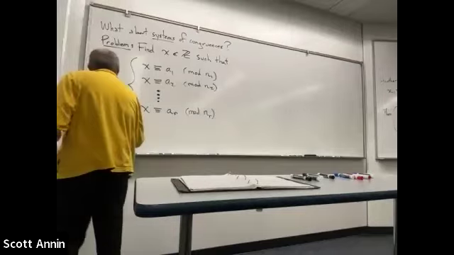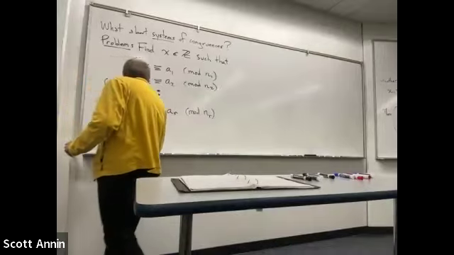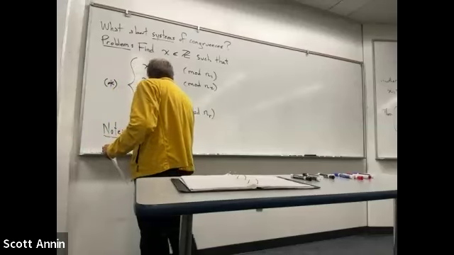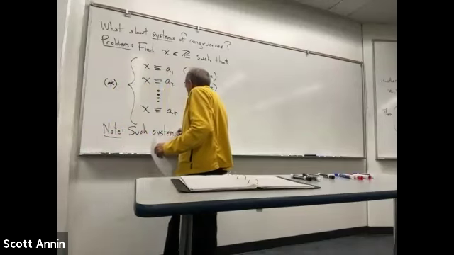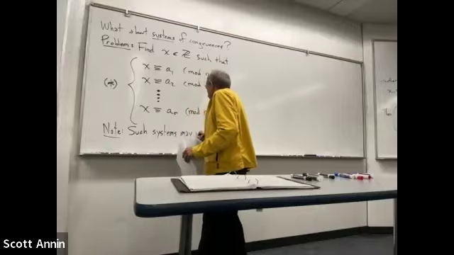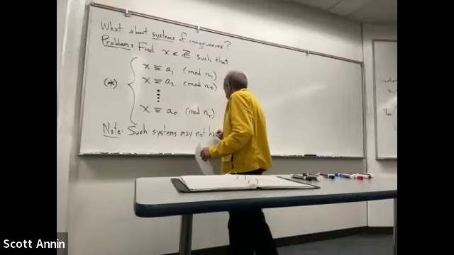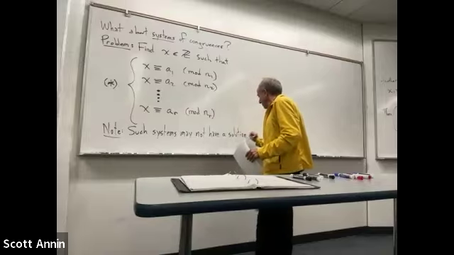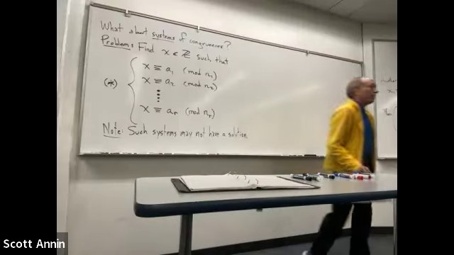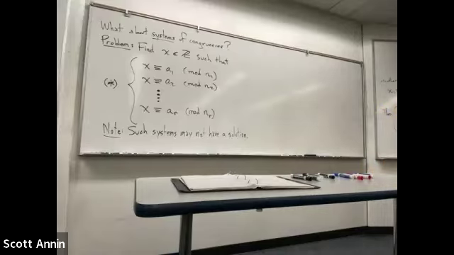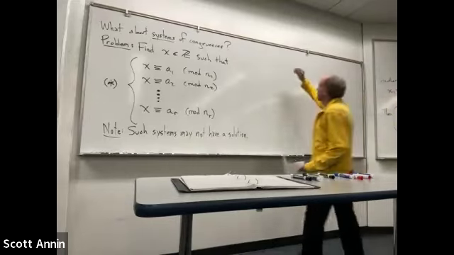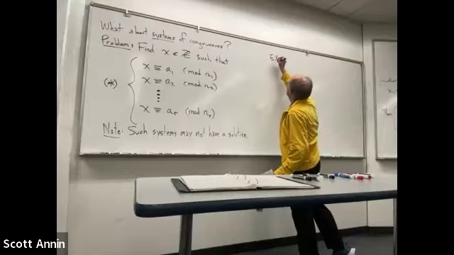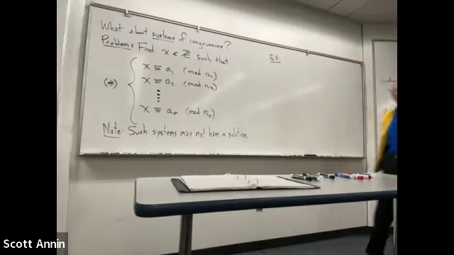So just as a note, such systems may not have a solution. I suppose I should give a counterexample, one that would convince you that it's not always going to be possible to have a solution.